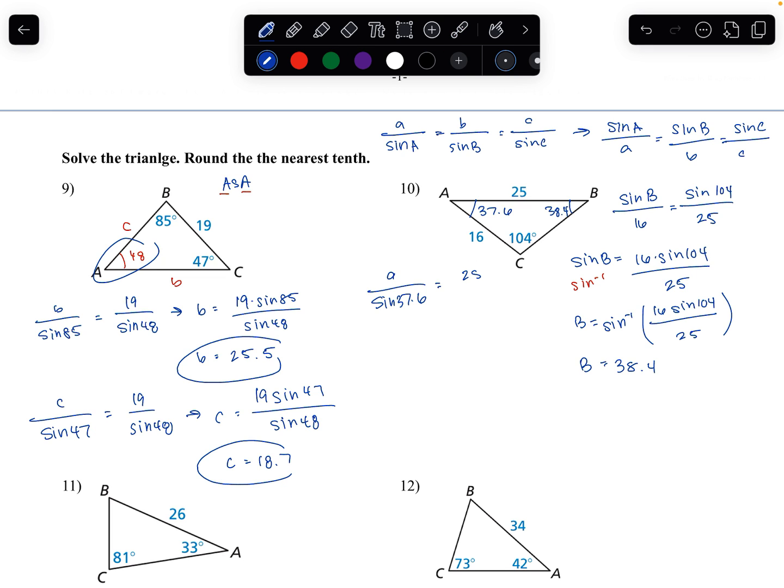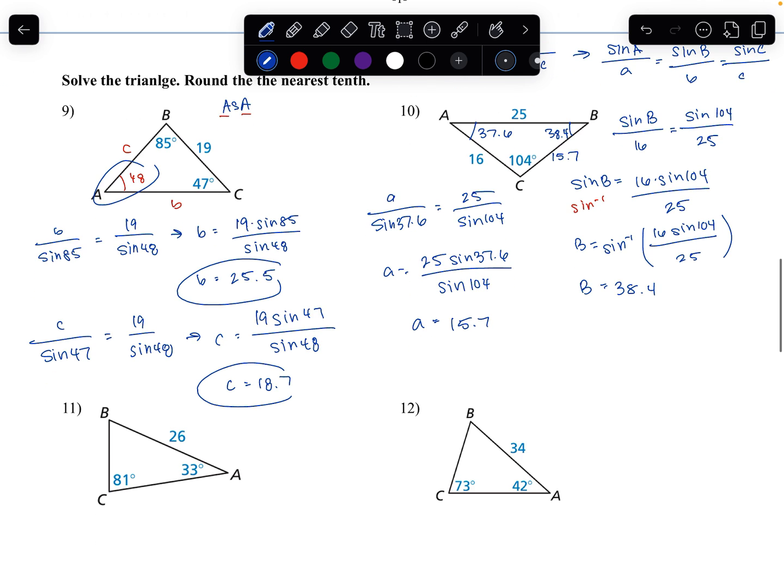So 25 over sine of 104, and then I'm just going to multiply that over here. So A will be equal to 25 sine of 37.6 over sine of 104. So 25 sine of 37.6 divided by sine of 104. And I get that side A is equal to 15.7.